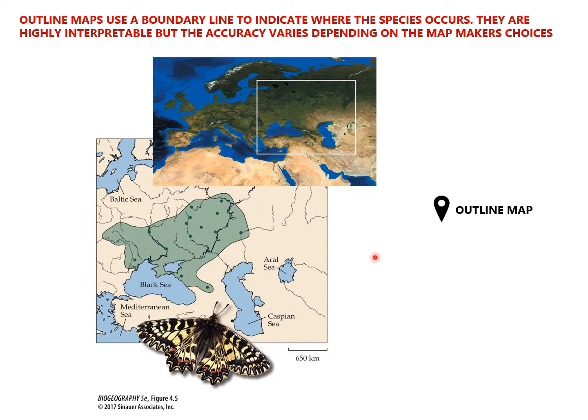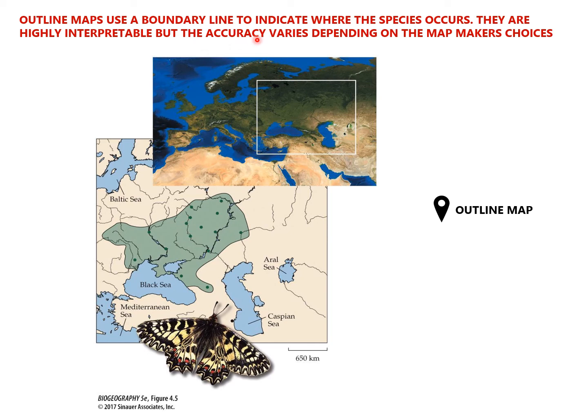Another type of map is the outline map, and I think these tend to be the ones that people are more familiar with. They show a boundary line to indicate where the species occurs, and they're highly interpretable. You see these in field guides, and anyone has seen them. Really, if you're trying to map the distribution of anything, you probably run into an outline map of some kind where they just draw an outline and this is where it's located.